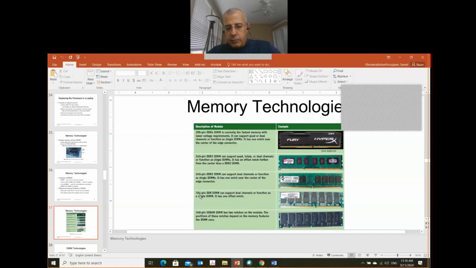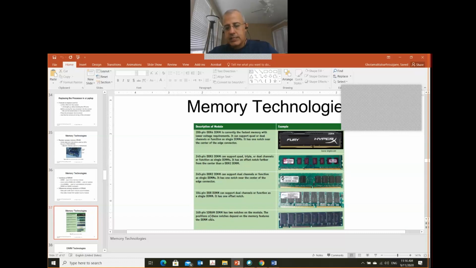We have 184 pin DDR. Again, it has one notch in the middle and 184 pin. And we have SDRAM, which is the old version of the DDR4. Compared to DDR, it is much slower. It has 168 pins, and SDRAM stands for synchronous dynamic RAM.